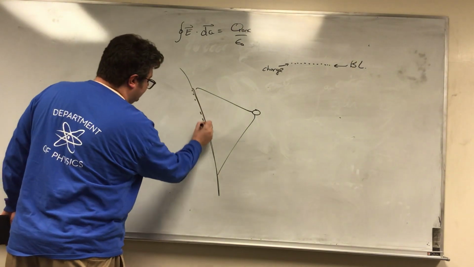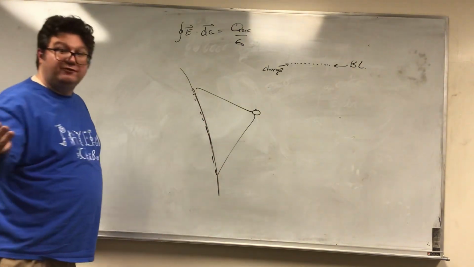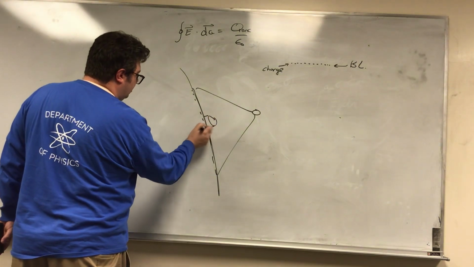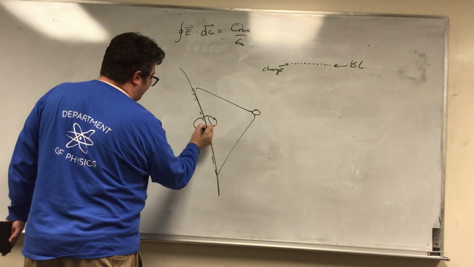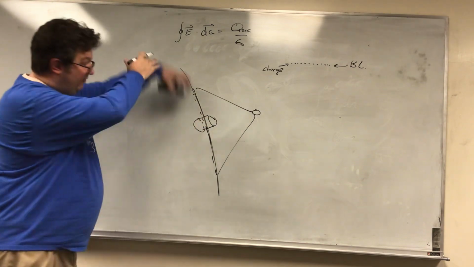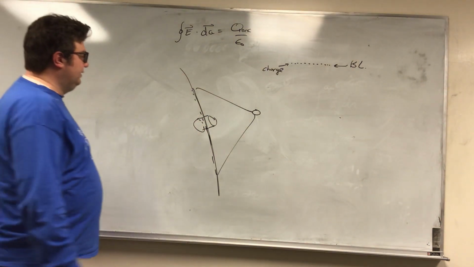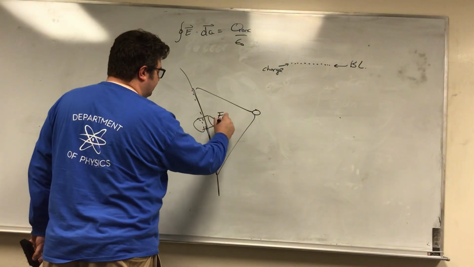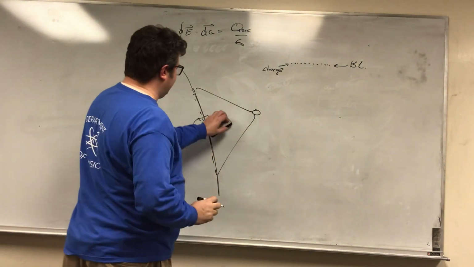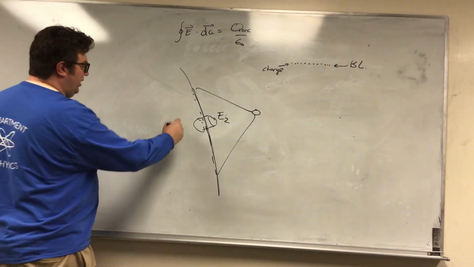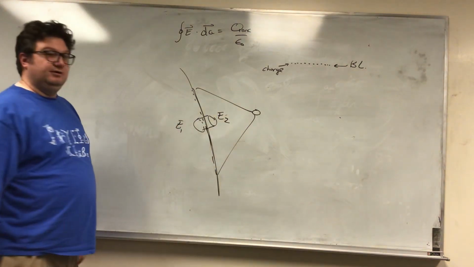I have some charge that's on the surface, and now I can do my normal cylinder that I do whenever I have an infinite surface of charge. And so I have my E on the outside, let's say E2, and then I have my E1, which is on the inside.